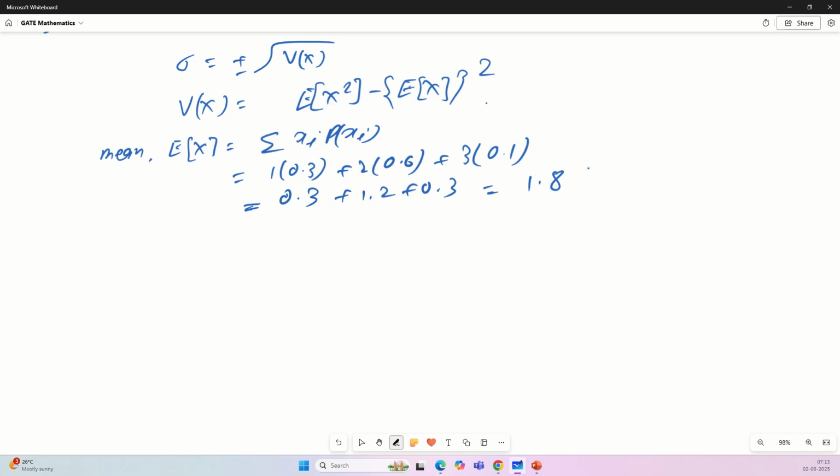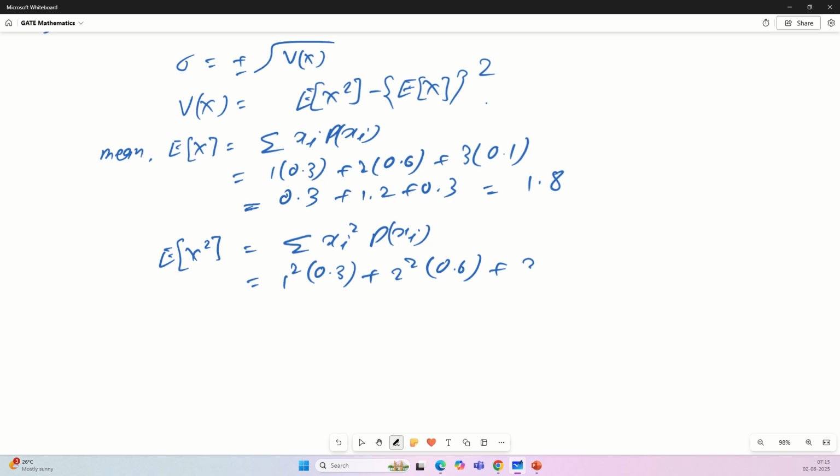Now we want to find expectation of x square, which is summation of xi square into p of xi. So 1 square into 0.3 plus 2 square into 0.6 plus 3 square into 0.1.